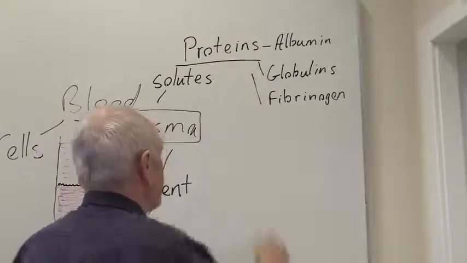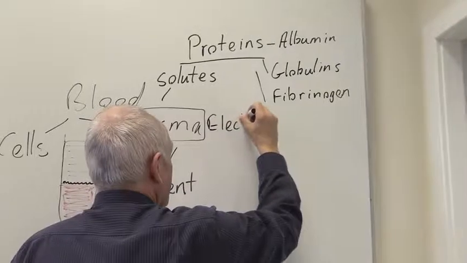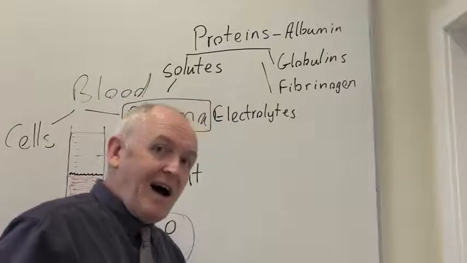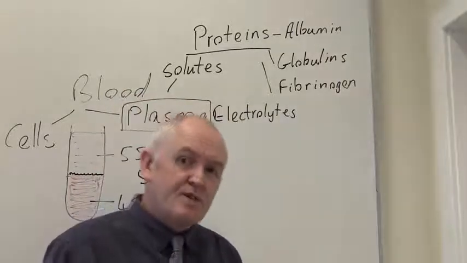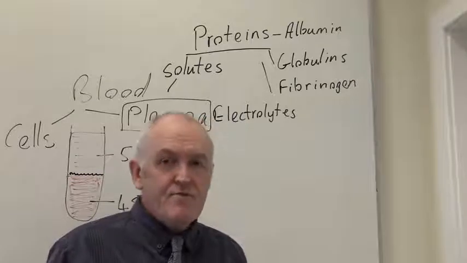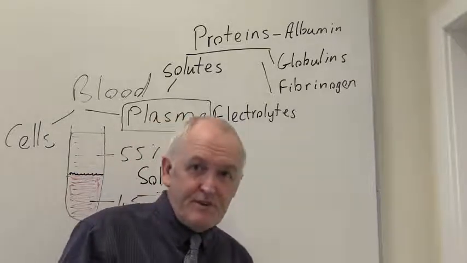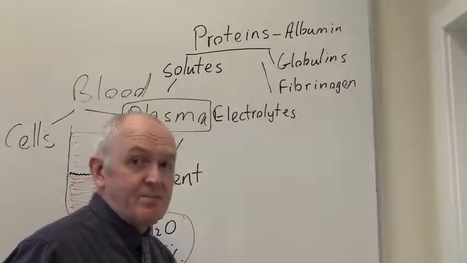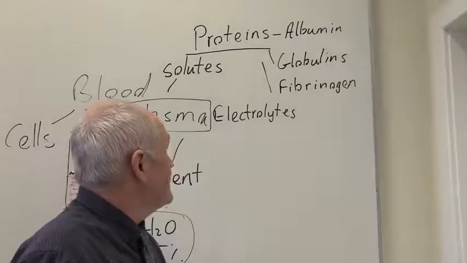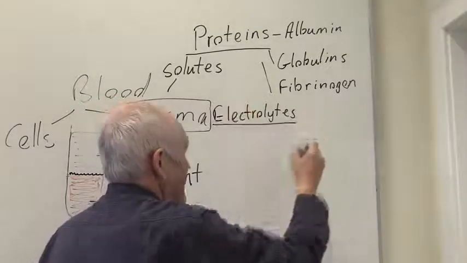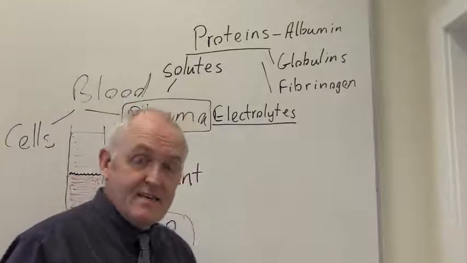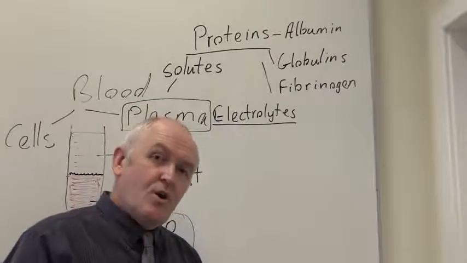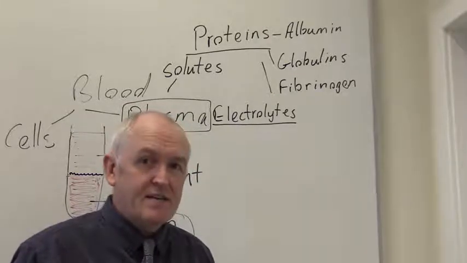It also contains electrolytes. Now the electrolytes are ions. They are atoms with a charge. And these are very important because we need the correct distribution of electrolytes on both sides of the cell membrane in excitable cells. And the volume of the electrolytes has to be finely regulated. It needs to be homeostatically controlled so we don't have too much or not enough of a particular electrolyte.